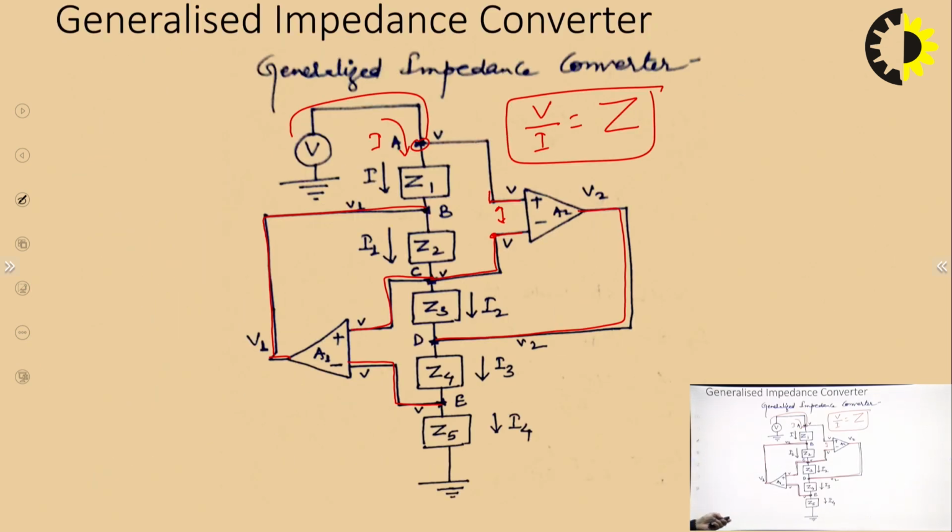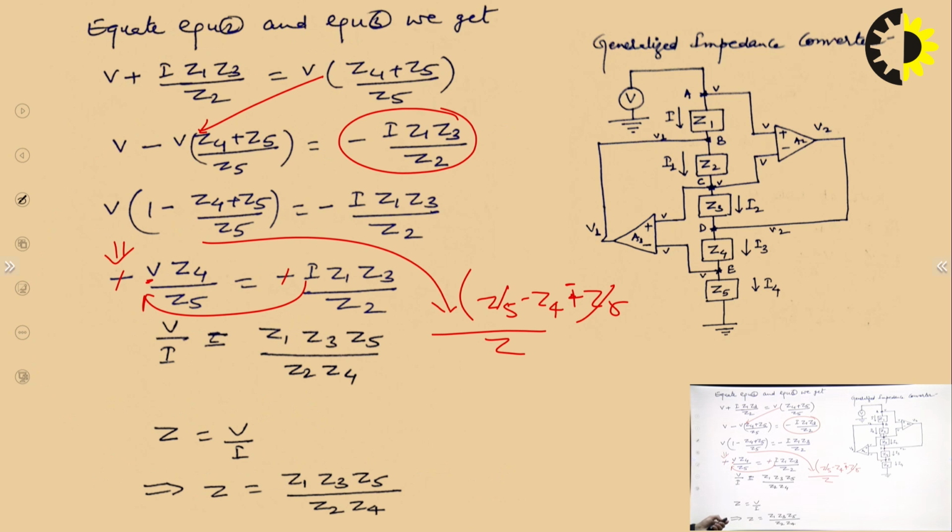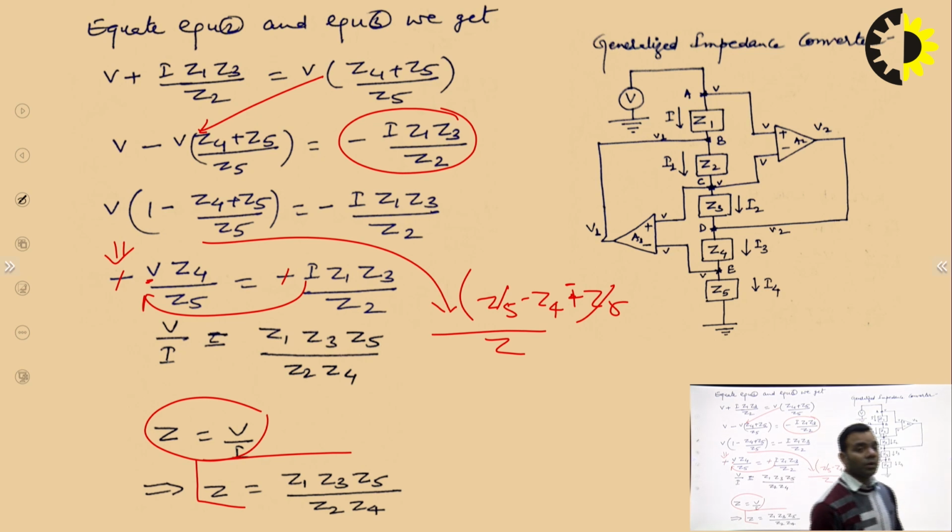Earlier I told you that overall impedance of this circuit will be equal to the ratio of V and I. So, Z is equal to V upon I and Z will be equal to Z1 Z3 Z5 upon Z2 Z4. This is the impedance that this circuit will offer, and it is very easy to remember this.